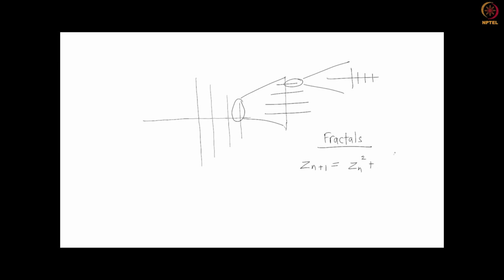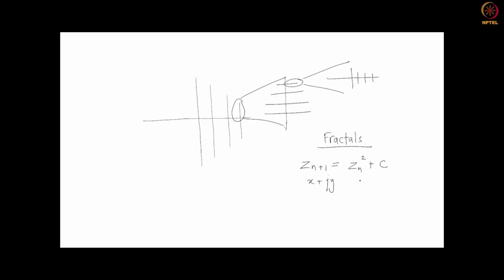So Z(n+1) equals Z(n) squared plus c, where c is a constant and n is the number of the sequence, and z is any complex number. So in this formula you can put in any complex number of the form x plus jy, and then you can get the (n+1)th term. Okay, so this is how you can keep on calculating.